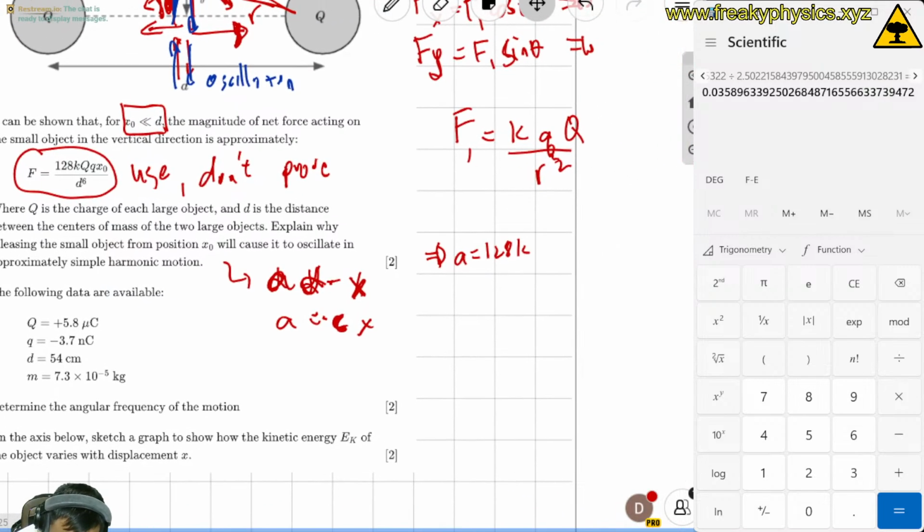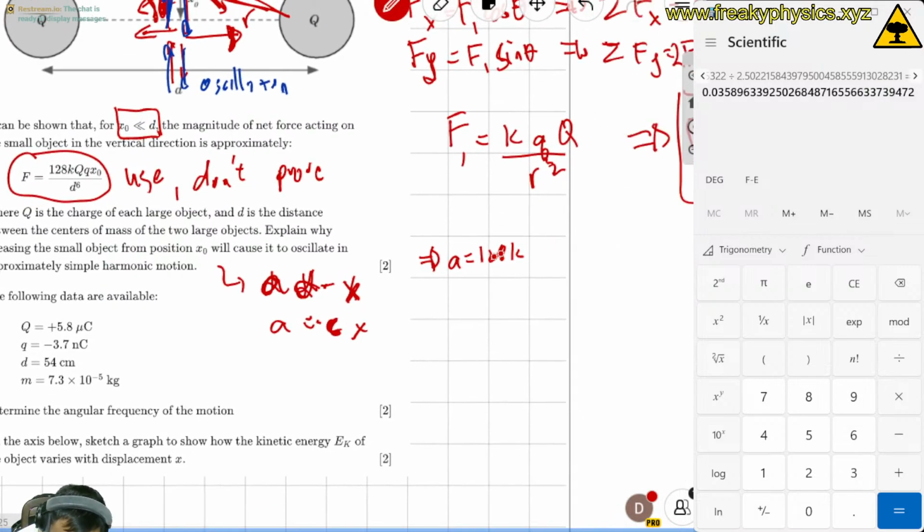In this case, let's just do it here. The negative part, we can see that the force is 128k q over d raised to 6 x0.